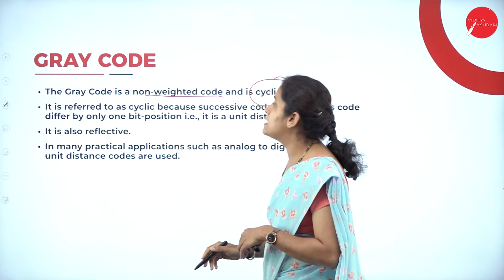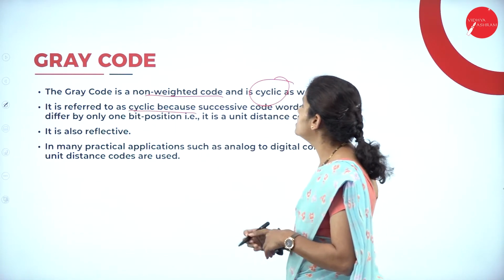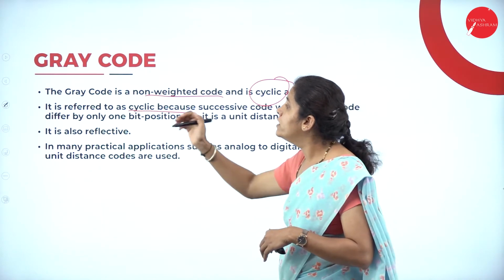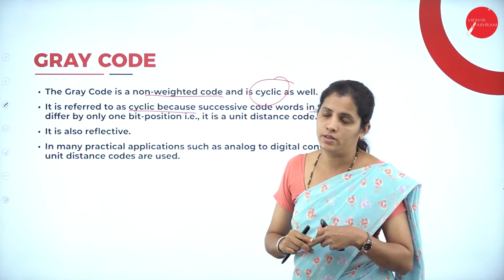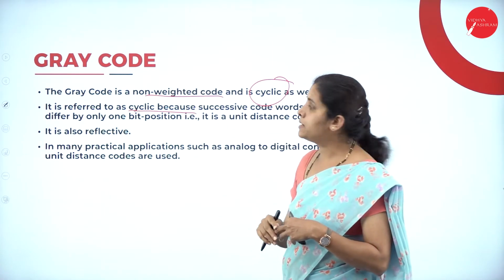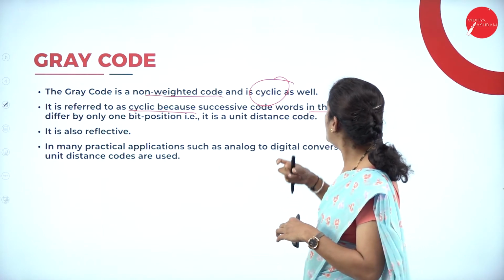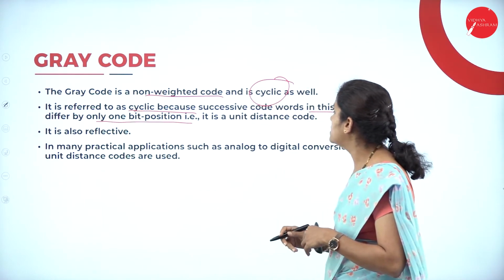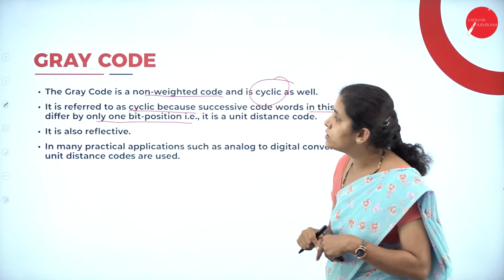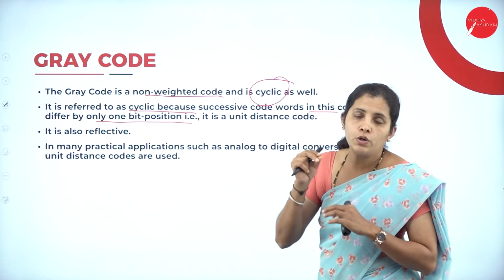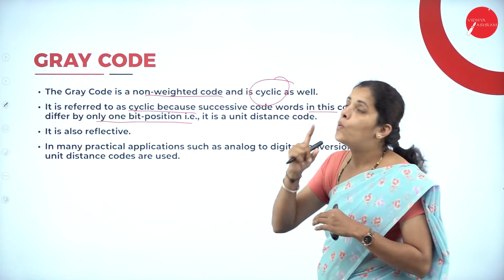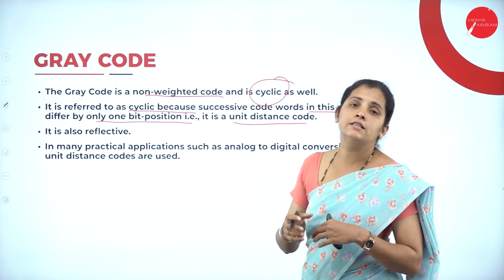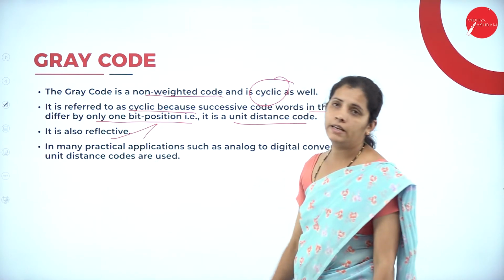It is referred to as cyclic because the successive code words in this code differ by only 1 bit position. That is why it is called a unit distance code, and it is also reflective in nature.